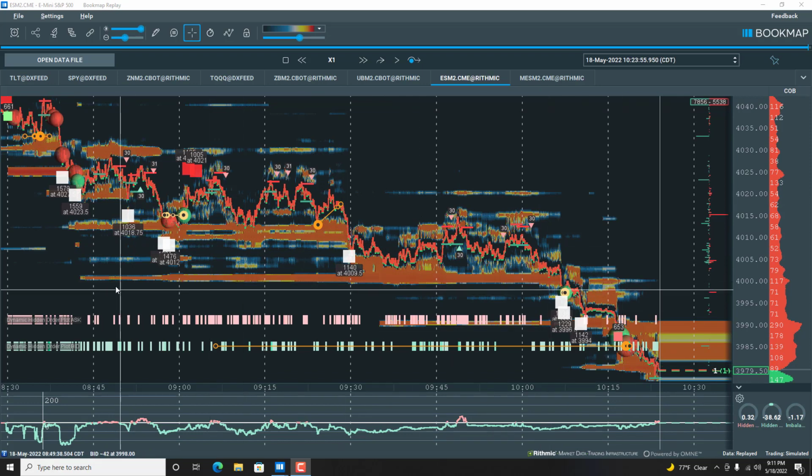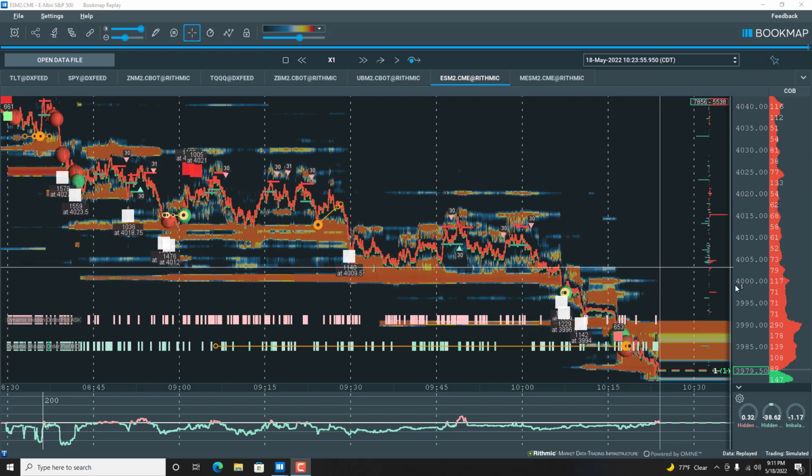And as you see this high band of liquidity here, that's at 4,000. That's a great big round number, like 4,000, 3,000, 5,000. There's always going to be people playing those levels very heavily, and that's what was happening here. And when it busted, it just fell apart.